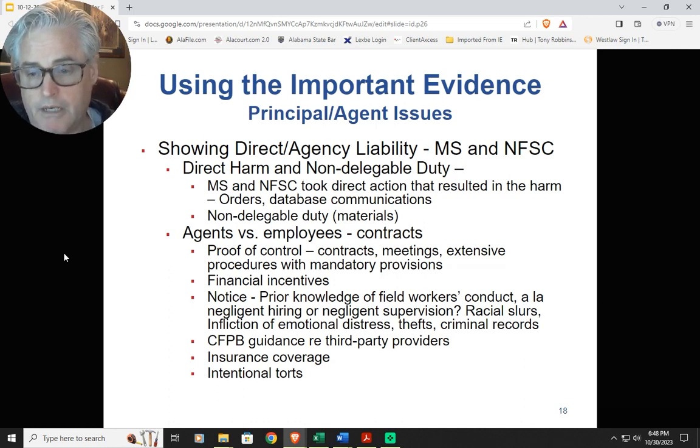Notice and knowledge of prior incidents. We found a PowerPoint, one mortgage servicer's production, that said claims for removing personal property from homes during the loss mitigation or during the default process were the number one source of financial claims against the company in the previous year.